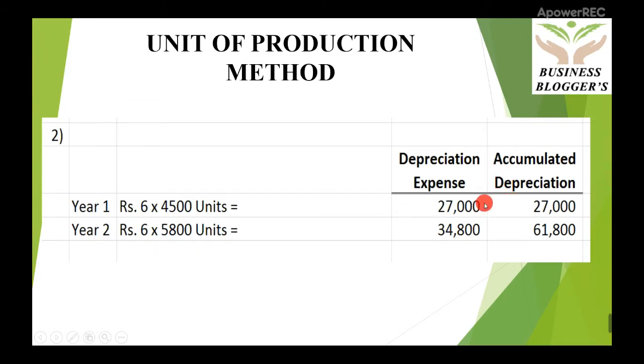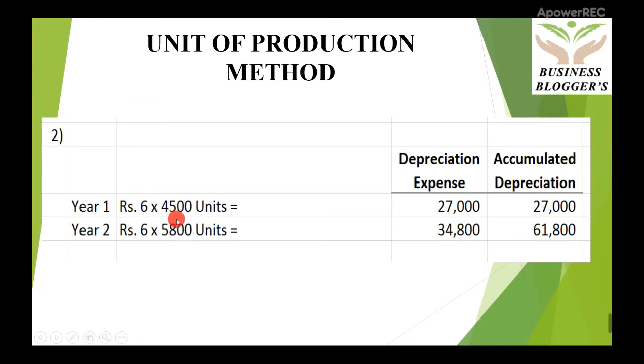We know very well that if we add all depreciation expenses of previous years, it is called accumulated depreciation. For example, 27,000 plus 34,800 equals 61,800. This is called accumulated depreciation.